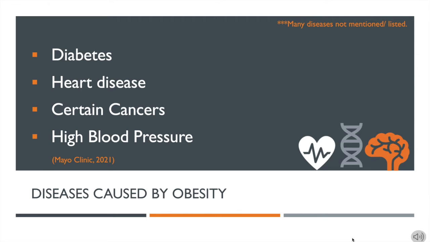Now, there are definitely like a dozen that can be posed, but I thought that these were some of the most familiar and definitely some of the most dramatic. So that's just something to keep in mind, right? That obesity doesn't just have the effect of one being overweight, right? It really poses a threat to their overall health and general well-being.